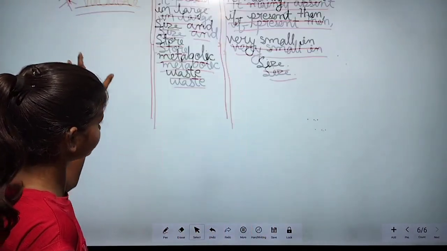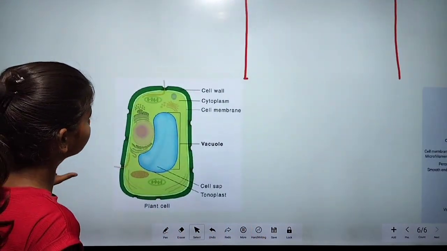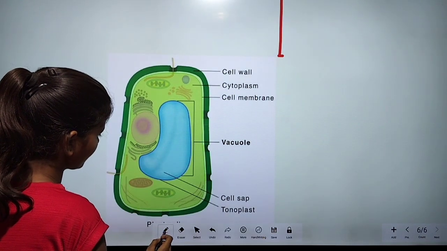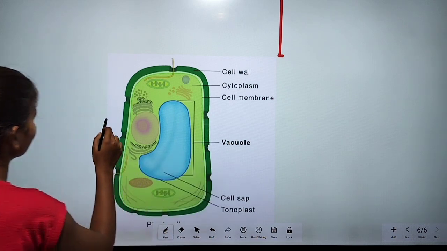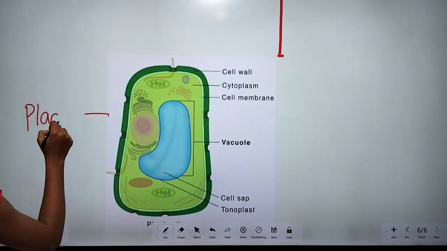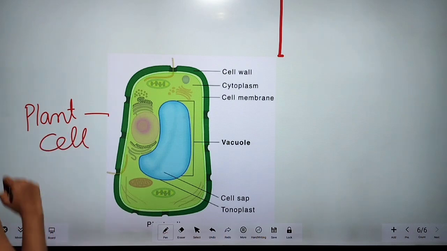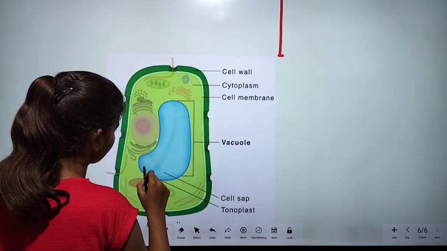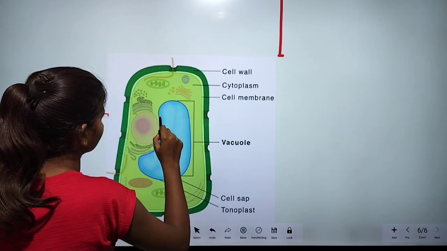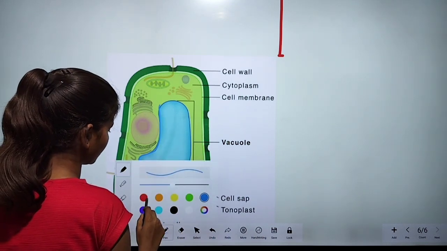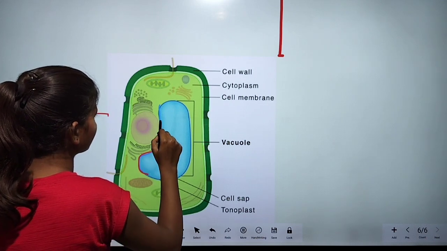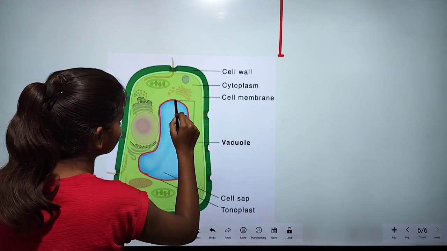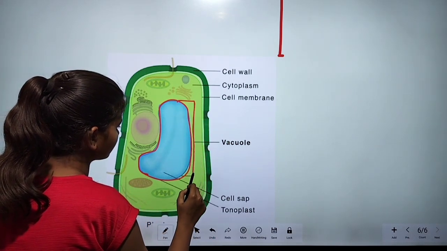Here is a figure of plant cell. This one is vacuole.